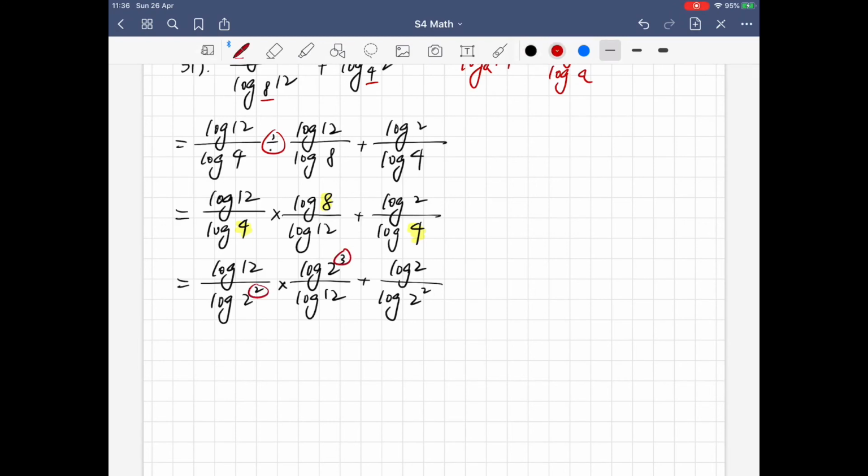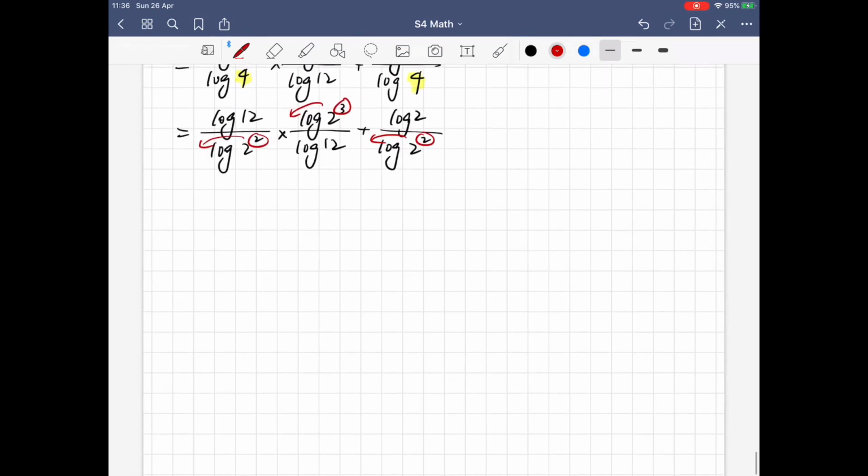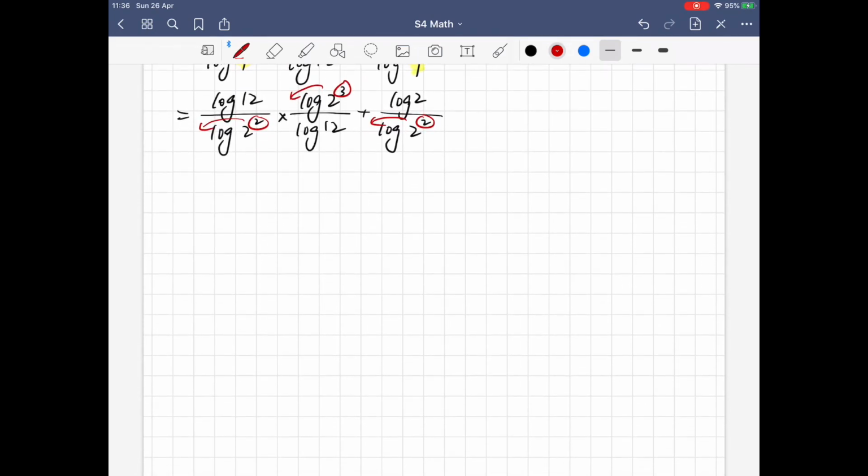Okay, and afterwards, all the power can be put in front of the log. So that it will become log 12 over 2 log 2 times 3 log 2 over log 12 plus log 2 over 2 log 2.